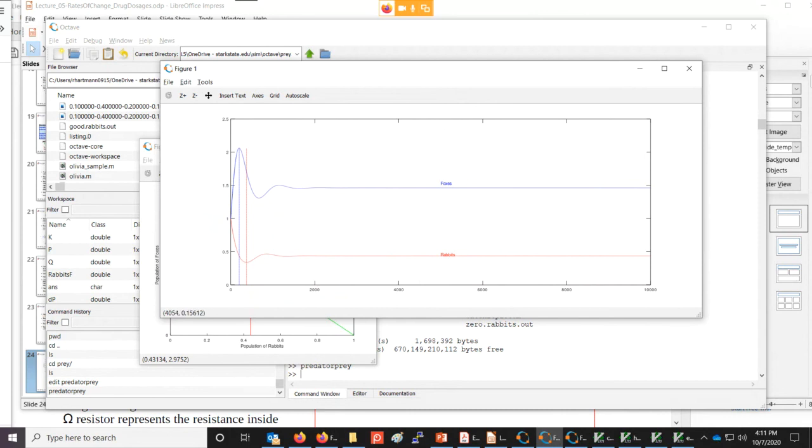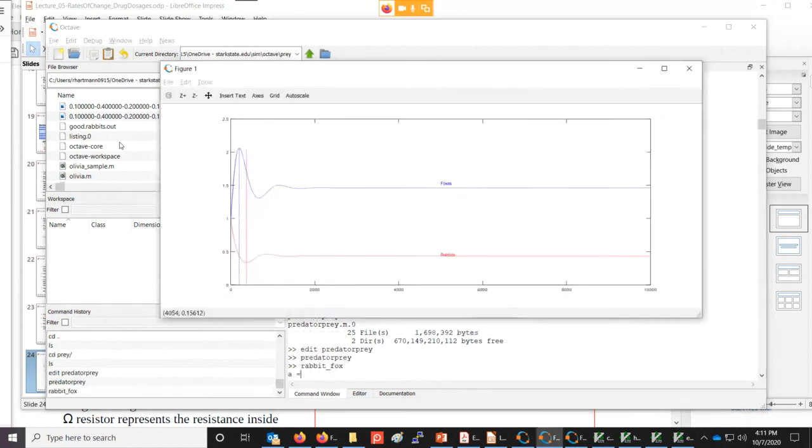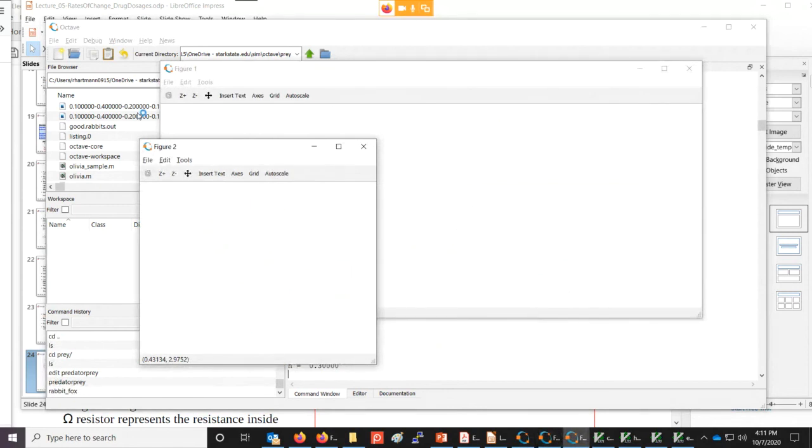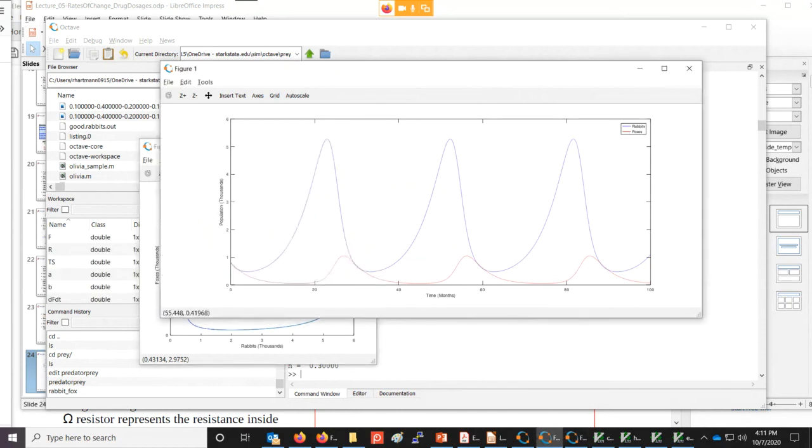Okay. But if you change some of these parameters, let me try this one here. I don't remember which one of these. I've got a lot of different simulations of this. Oh, that one's running a long time.